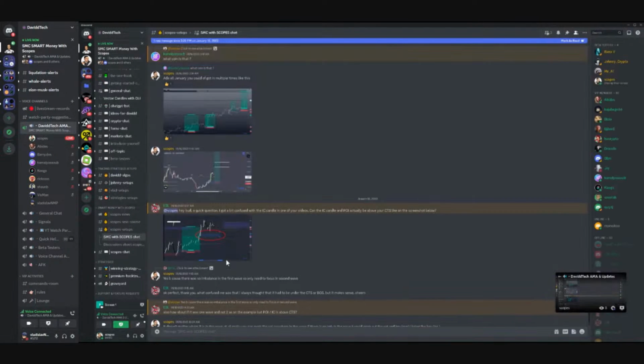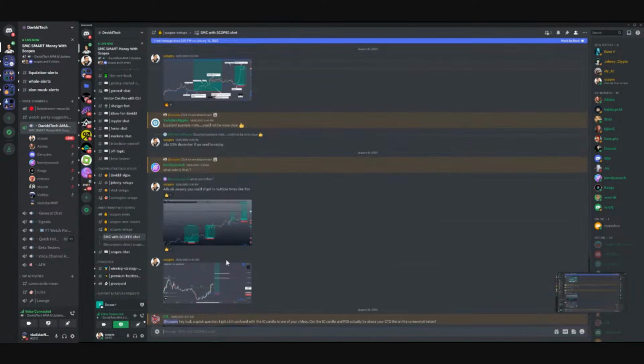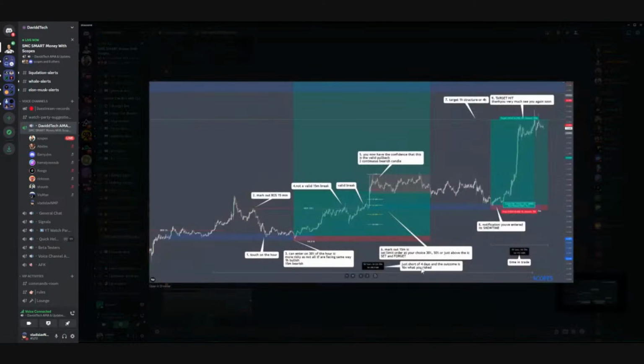I have got examples here, look, of some trades I've taken on the hourly POI. This one is in my Scopes SMC chat, well, it's in all these channels. I literally made this for everybody to see, just to see the process of it. Touch to boom, boom, all in order.